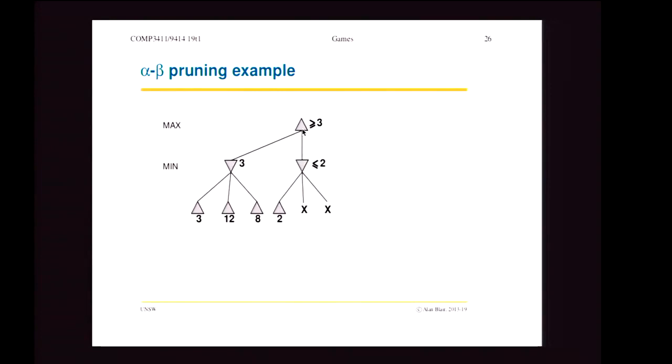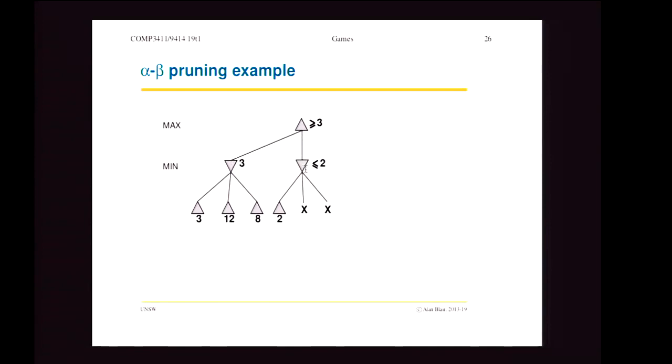Let's think about this a bit more. So max, I don't know what these 2 x's are. All I know is that this is a 2. But this is enough information for me to tell me that max is not going to make this choice. Because if max makes this choice, they can guarantee to get themselves at least $3.